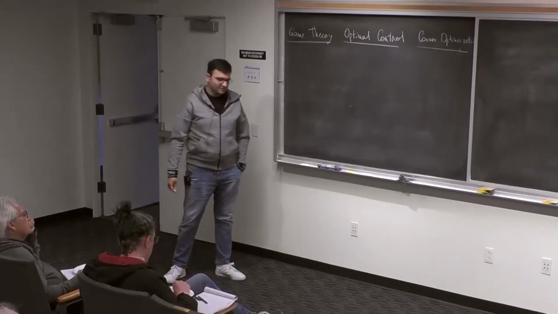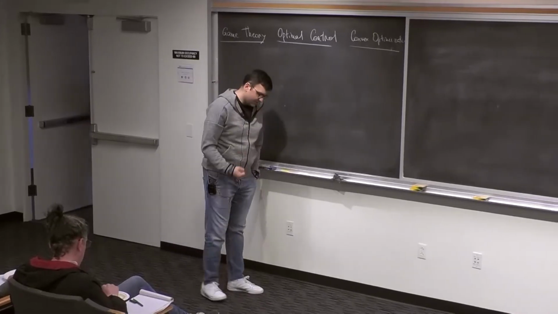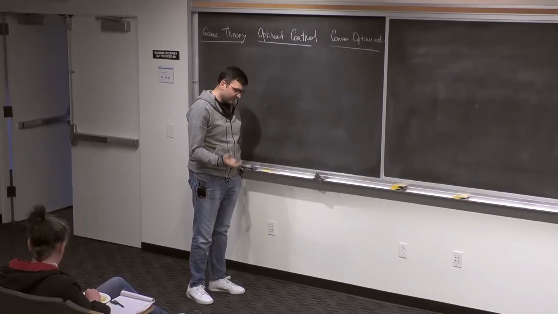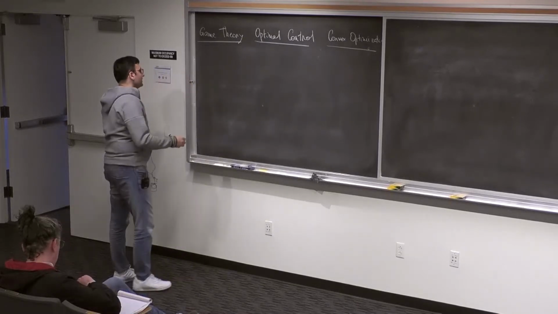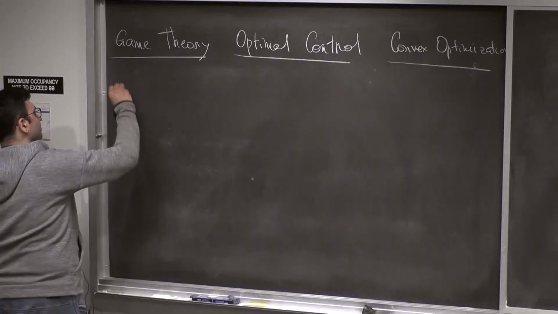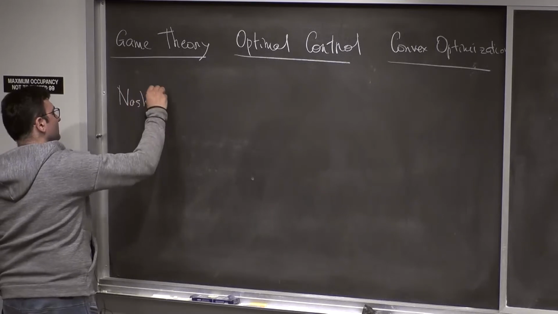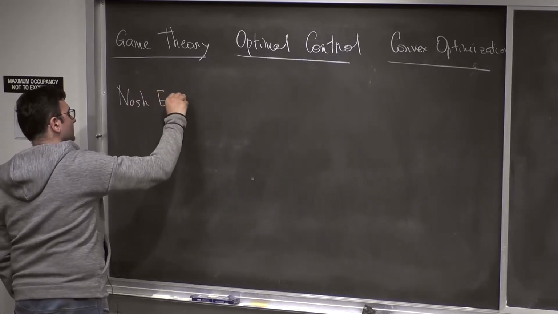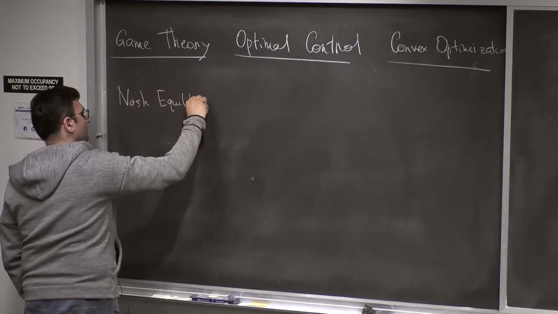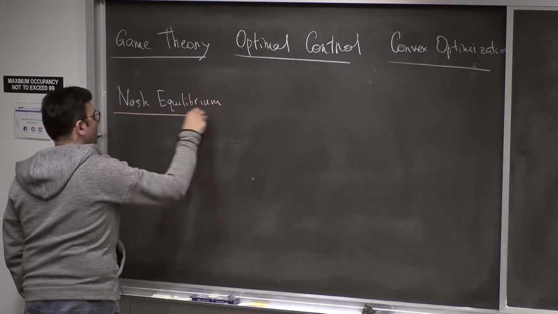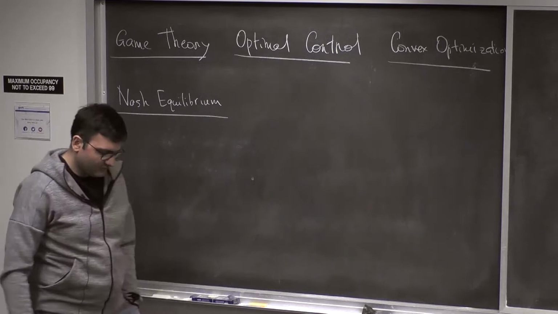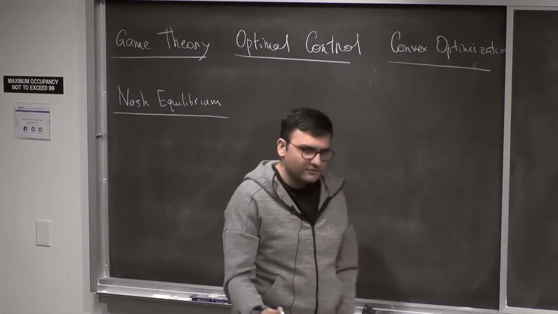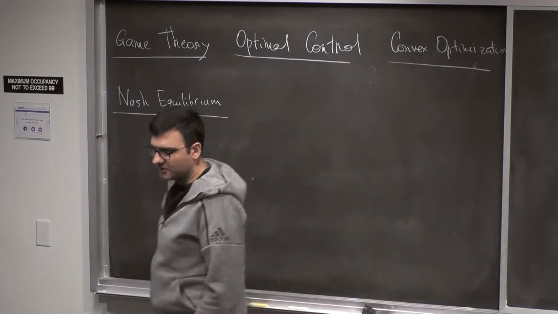One of the basic ideas behind mean-field games theory is the concept of Nash Equilibrium. So this is what we're going to start with. We'll try to get a feeling for and understand the Nash Equilibrium.